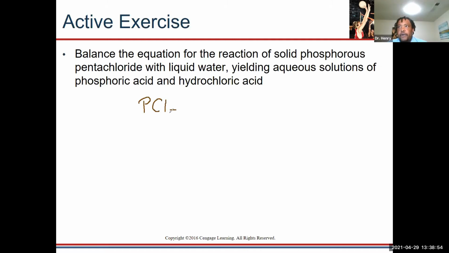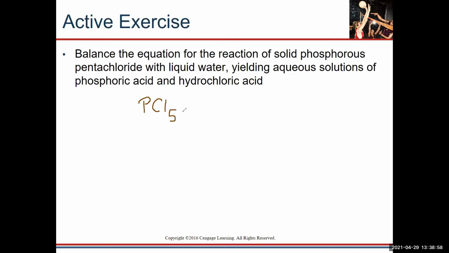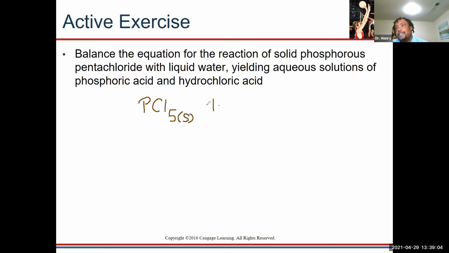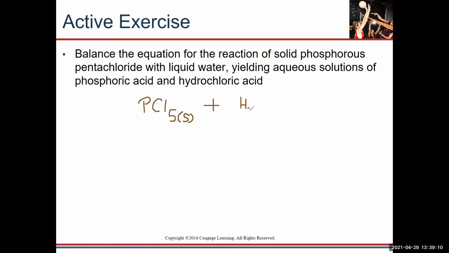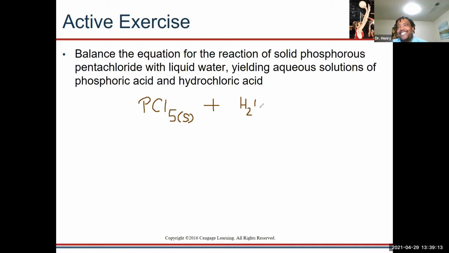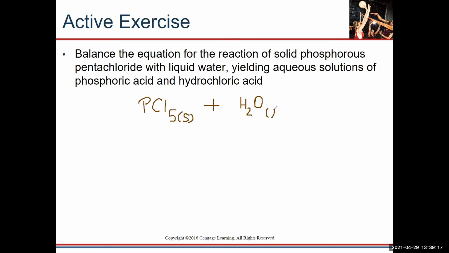Is that a solid, liquid, or gas? Solid. Plus H2O. That's a liquid. Are you sure, Nate? Yes.